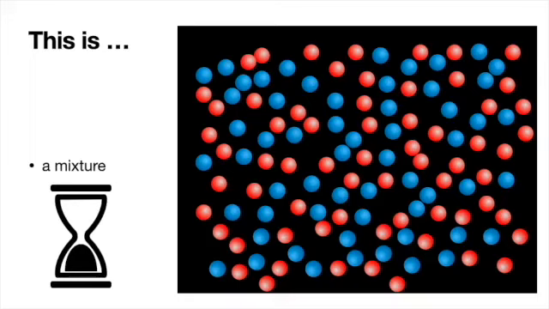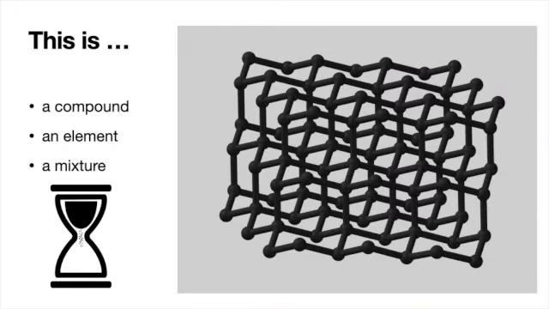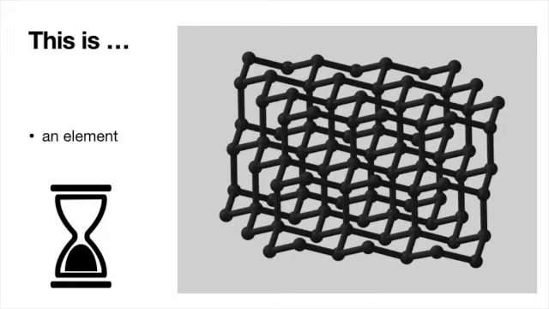It is a mixture of individual atoms, but the atoms are of different types. This substance is an element. There is only one type of atom present.